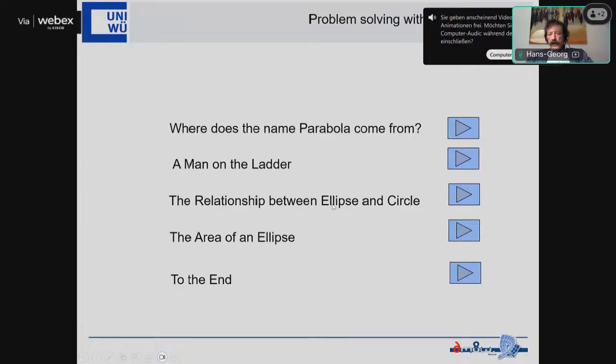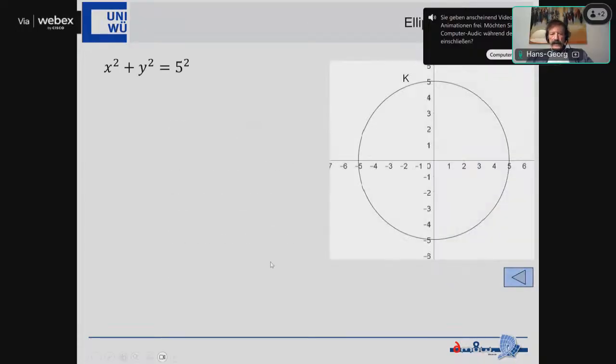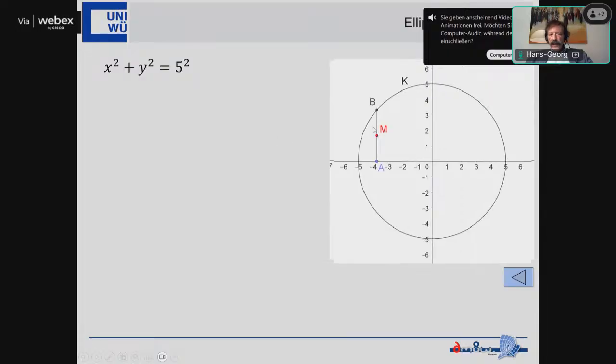The relationship between an ellipse and a circle, we already talked about this. What is the relationship if you have the equation of a circle? Here it's with radius 5. Then you take any point A on the x-axis, and M is the midpoint of the distance AB.